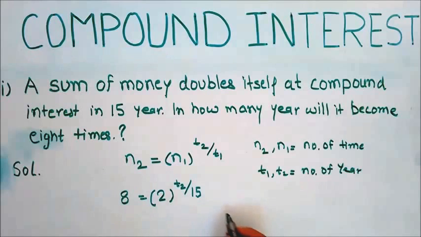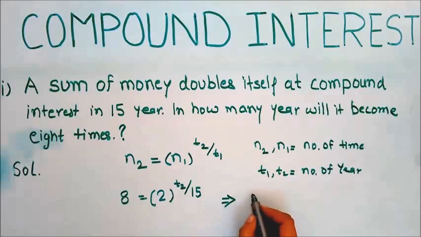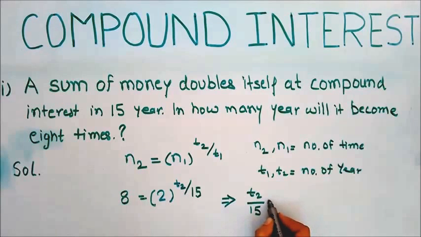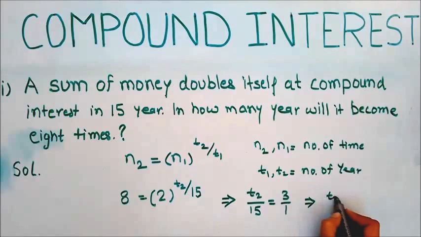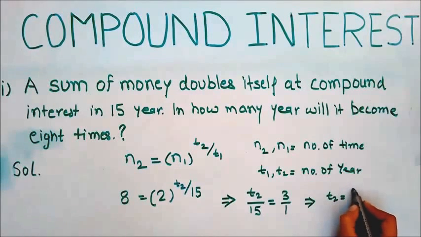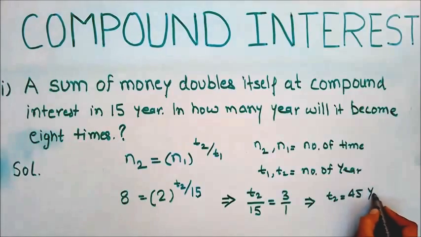If we solve this formula, we get t2 divided by 15 equals 3 by 1, and here we get the value of t2 is 45 years.